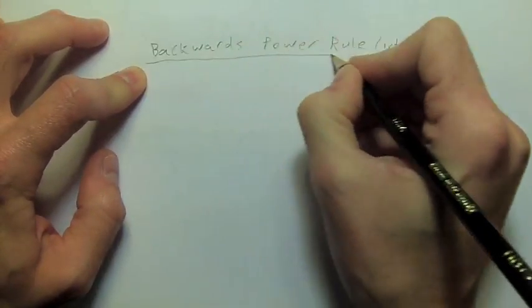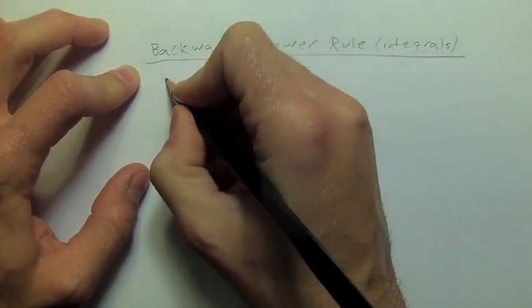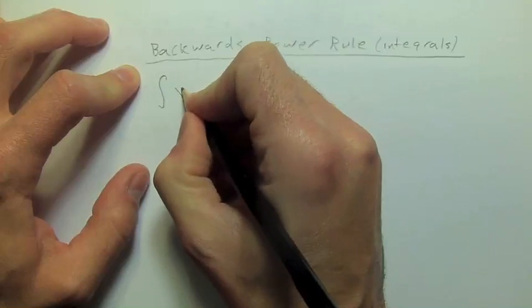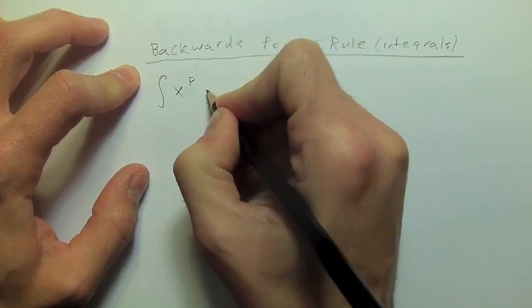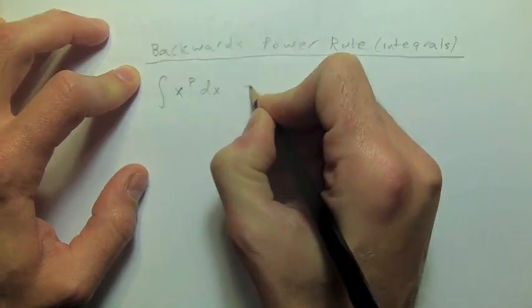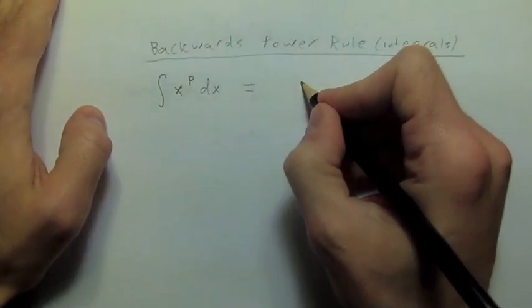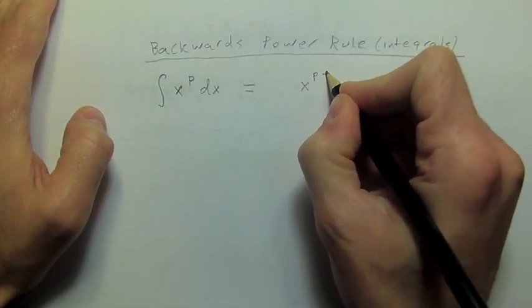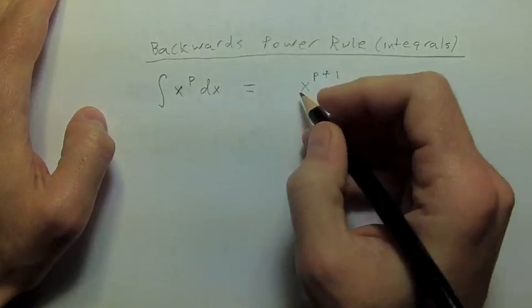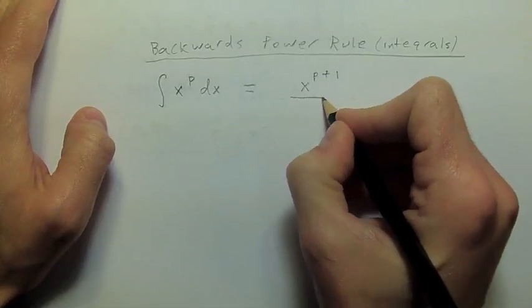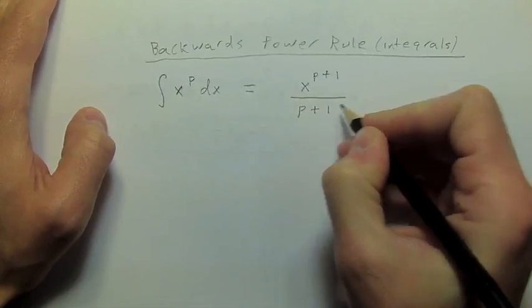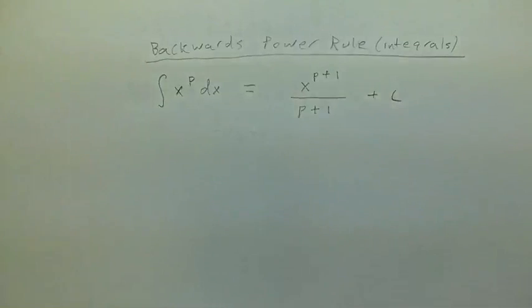It's basically the power rule but backwards. If you want to integrate x to any power dx, basically it is x to the power plus 1, divided by that power plus 1, plus c.